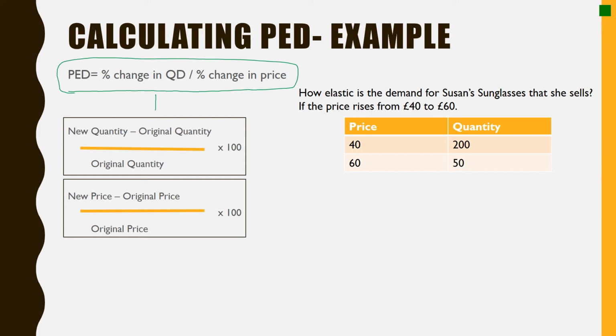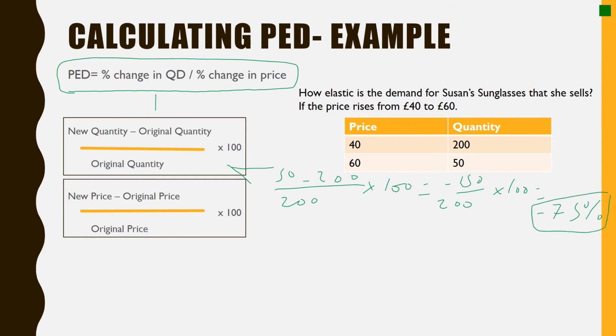So if we use this formula here to work out the percentage change in quantity demanded, we can then plug it in to our formula. So the new quantity is 50. The original was 200. Divide that by the original times 100. Okay, so that is simply this calculation here. We should get minus 150 divided by 200 times 100, which equals minus 75%.